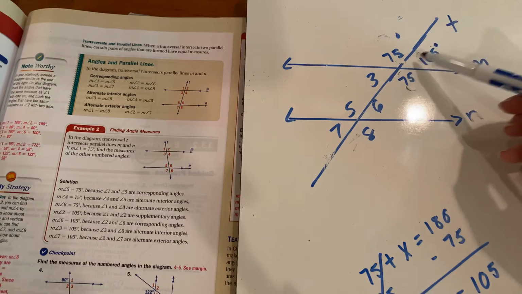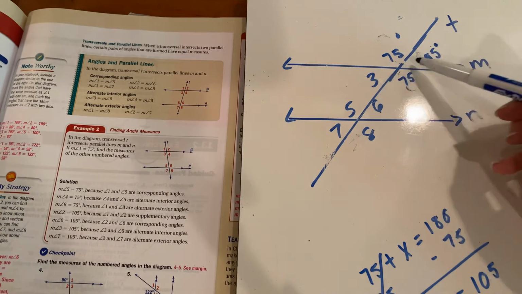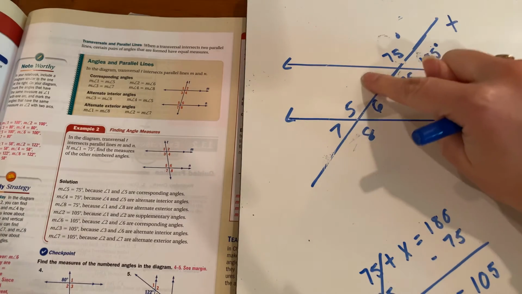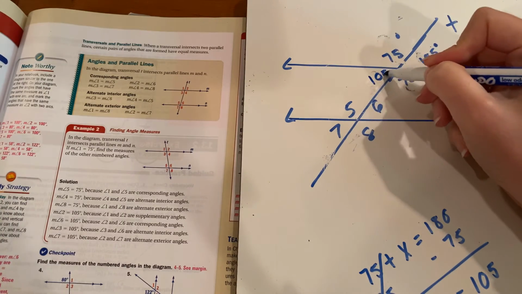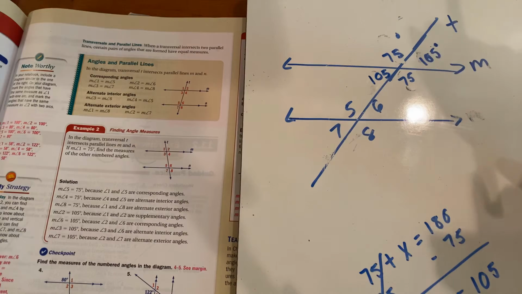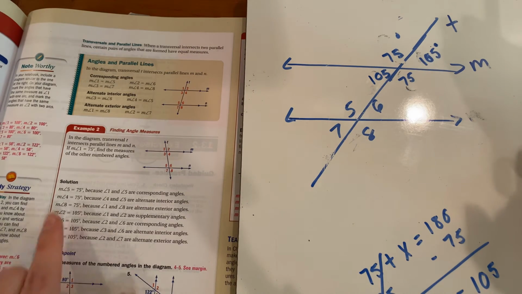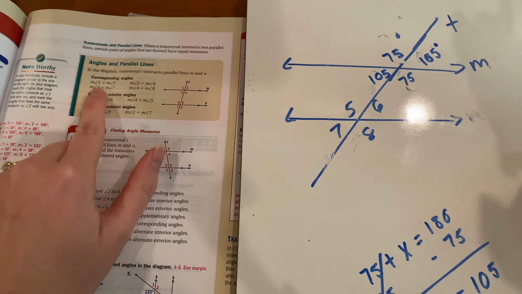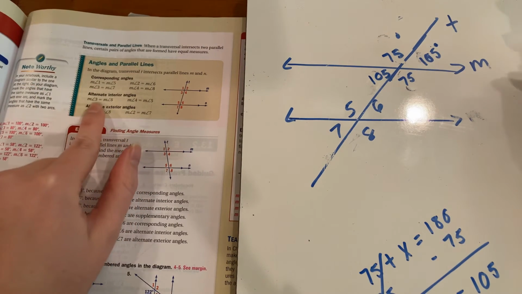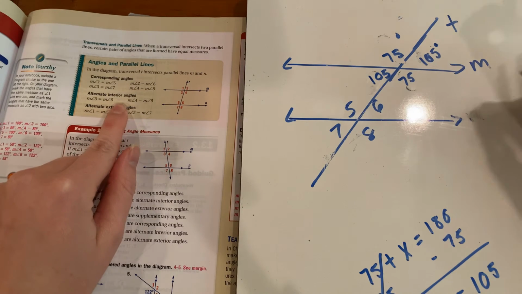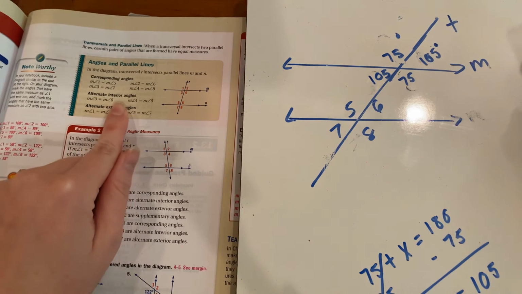Okay. Going again with our vertical angles, if we know angles that lie opposite to each other are equal, that means 105 is also going to be angle 3. So now I filled in my entire top corner, and now I have to fill in this bottom piece. Easy enough, because they told us here that corresponding angles have equal measurements. They're the exact same. Alternate exterior angles also measure the exact same.